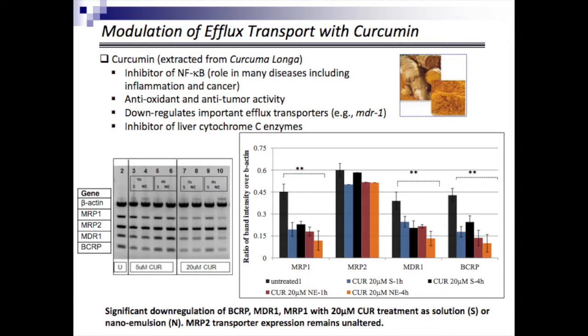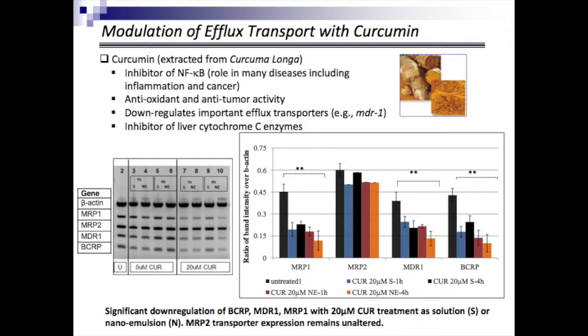We see the expression of MDR1 decrease with both 5 micromolar as well as 20 micromolar doses of curcumin when given in nano-emulsions. And we also see some other transporters such as MRP1 and BCRP levels reduced tremendously when you give this curcumin pre-treatment at 20 micromolar dose. That's shown in the graph on the right-hand side.